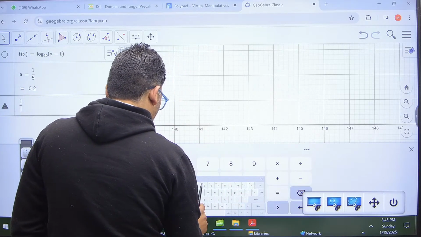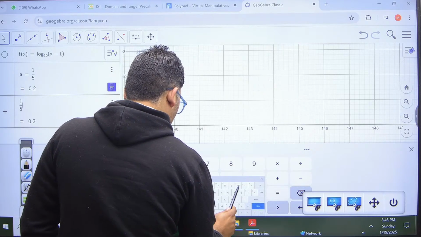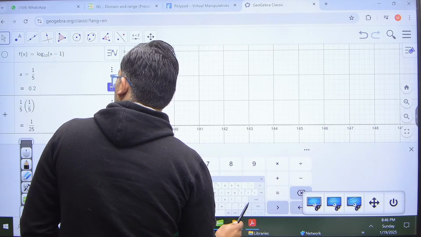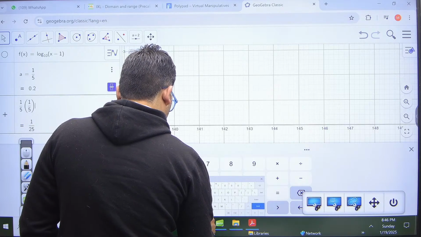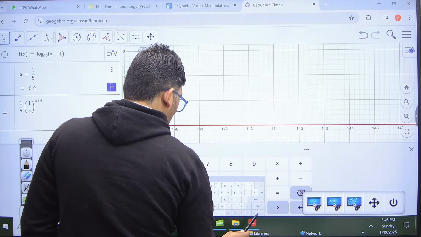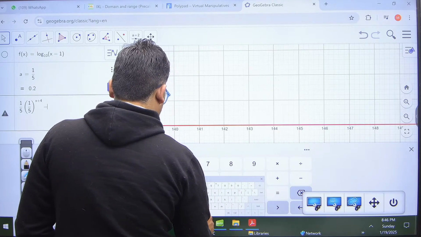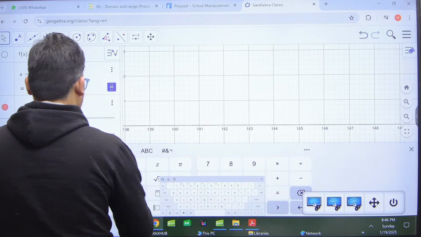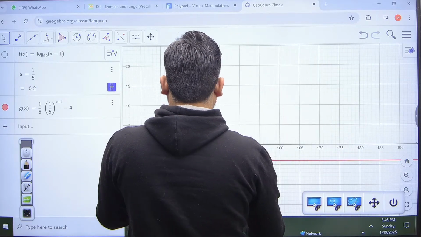So 1/5 into 1/5 to the power x plus 4 minus 4. Okay, we got the function now. Let us check it out.